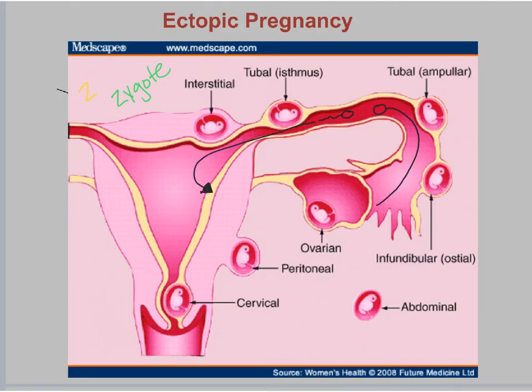But quite commonly, the fertilized egg, that zygote, can implant elsewhere. So when a zygote implants in an area other than the uterus, it's referred to as an ectopic pregnancy. Sometimes these are also called tubal pregnancies.